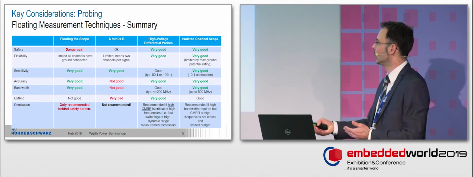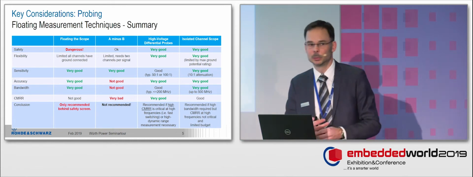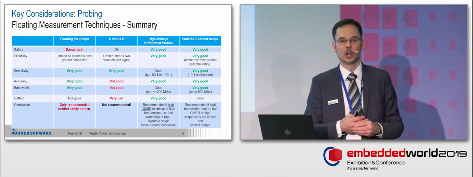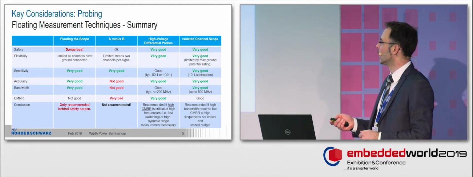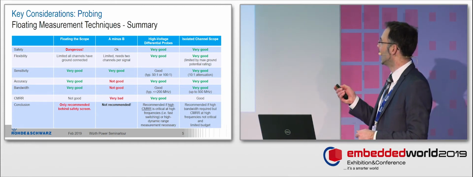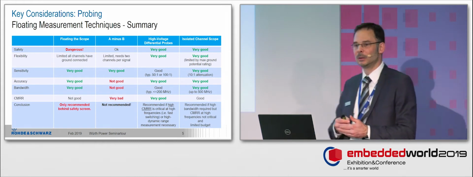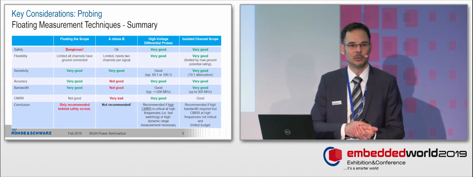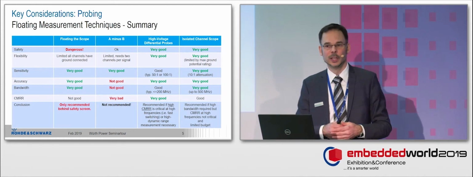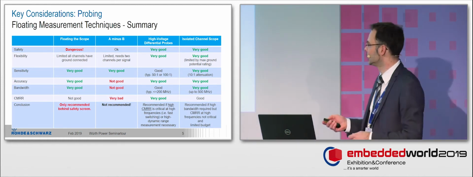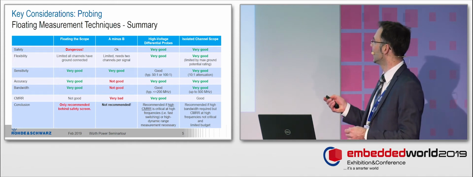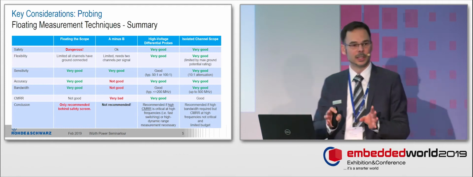You can go up to 200 megahertz measurement range. You get a high common mode rejection ratio, and they're safe. Isolated channel scopes are a cost-effective, relatively interesting solution if switching speeds are not so high. Bandwidth is actually very high. Sensitivity can be very high, but you also have to consider the connection.